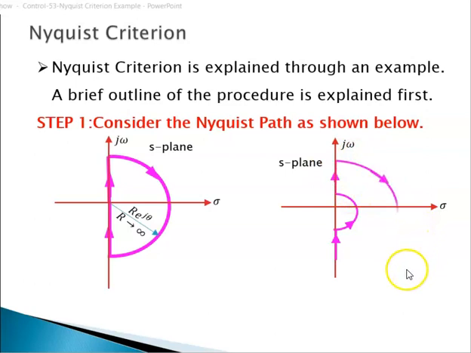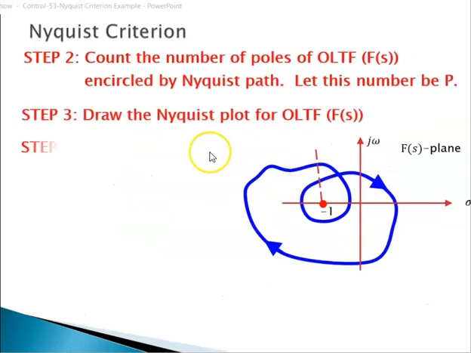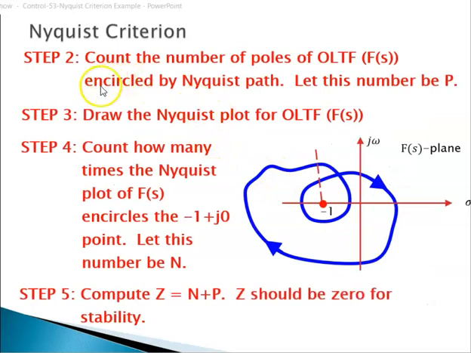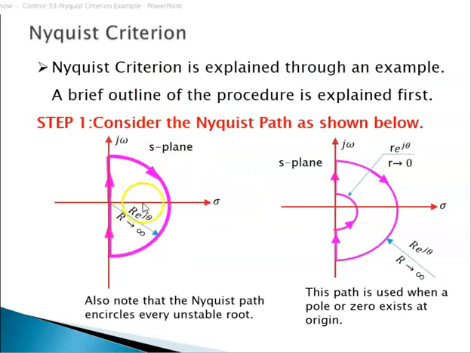The small circle is used when we want to avoid a pole at the origin. This path is used when a pole or zero exists at the origin, specifically when a pole exists at the origin.